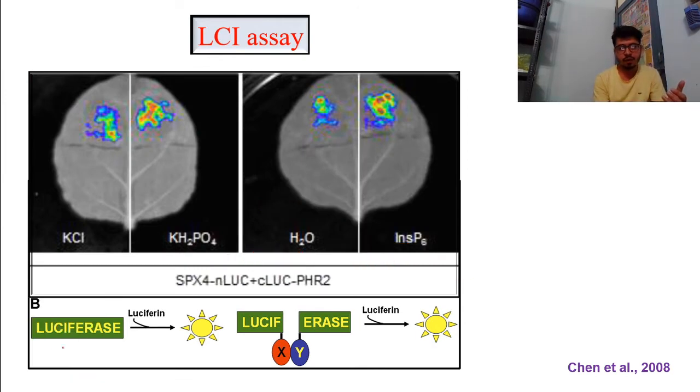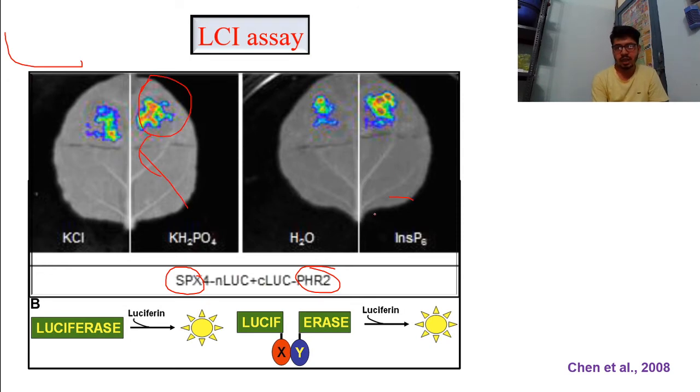I have taken from a paper that SPX4 is interacting with PHR2. So this is the N terminus of SPX4, because this is X and the other is Y. When these two partners are together, you can see that the interaction is there. This interaction is prominent in phosphate.